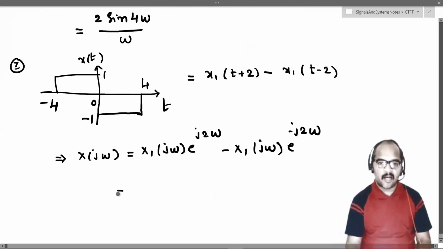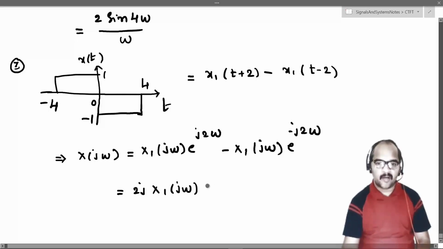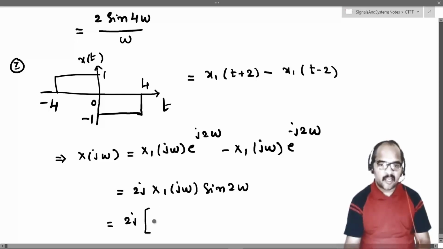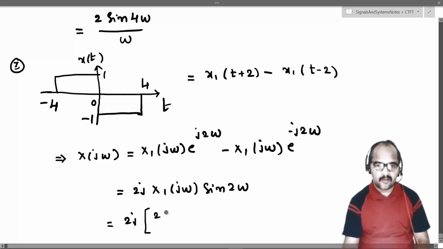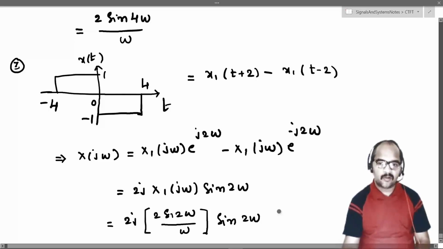That should be equal to 2j x1 of j omega multiplied with sine 2 omega. But we know x1 of j omega is 2 sine 2 omega divided by omega, so we get 2j multiplied with 2 sine 2 omega divided by omega multiplied with sine 2 omega.